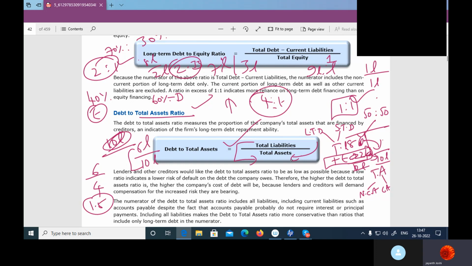So how much of your assets are financed by the creditors is what we are seeing. We saw 60% of the assets are funded by the creditors. That means 40% is your own contribution.